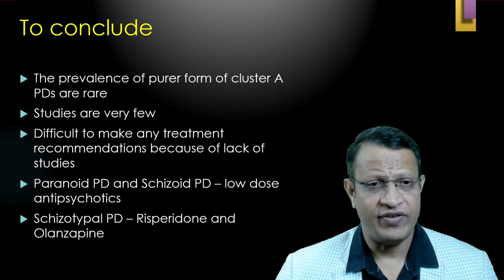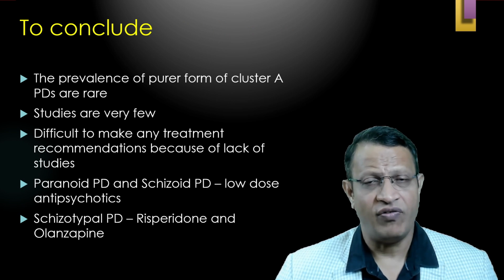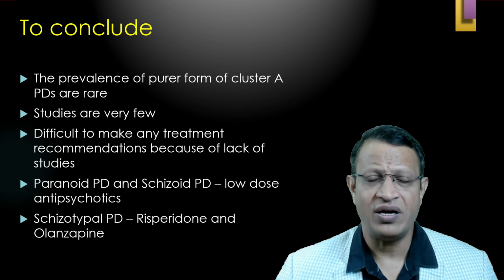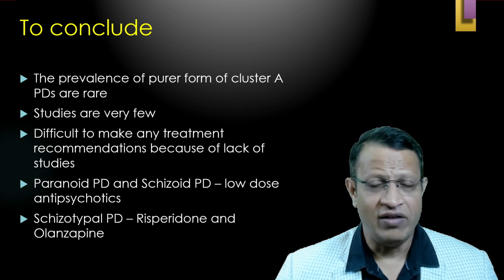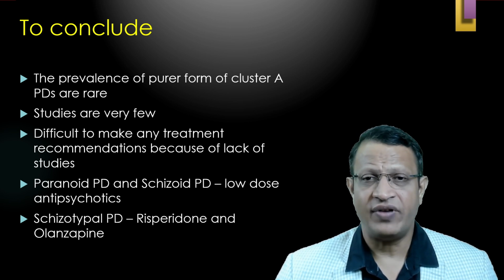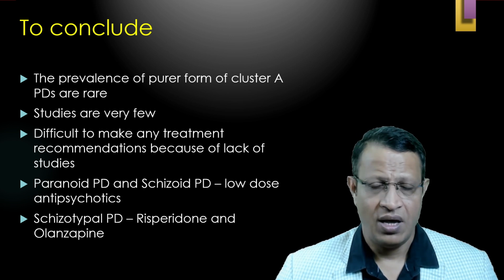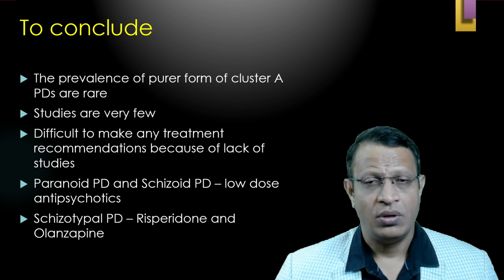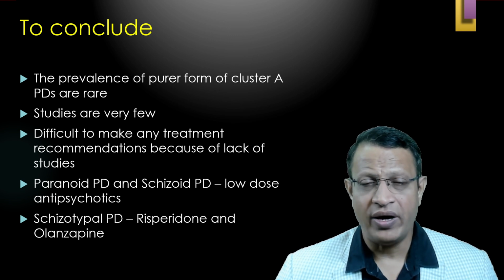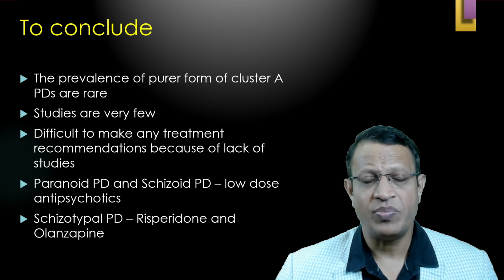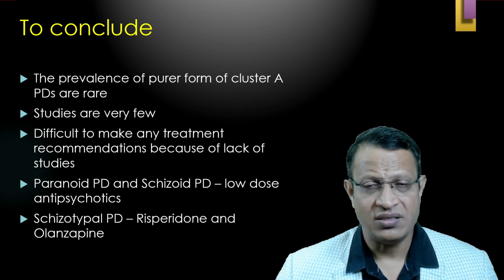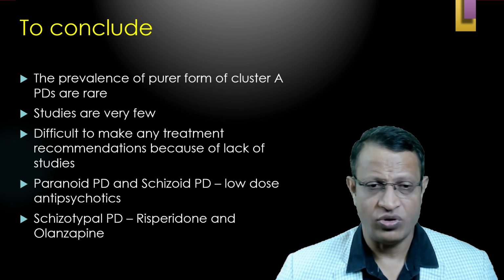To conclude, my dear friends, the prevalence of purer forms of cluster A personality disorders is very rare. Invariably, the presence of traits is spread across all clusters A, B, and C. The studies with regard to personality disorders such as paranoid, schizoid, and schizotypal are very few. RCTs are almost nil.